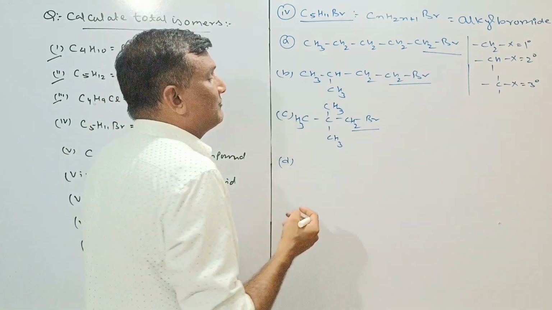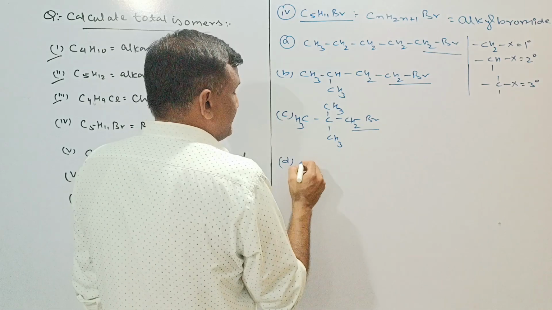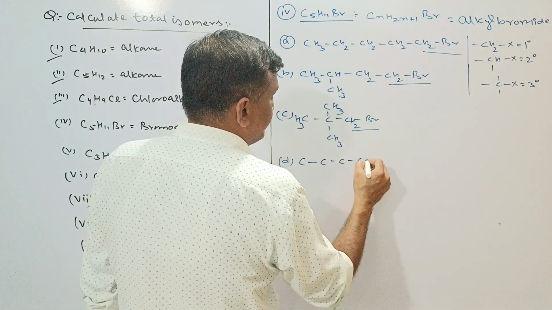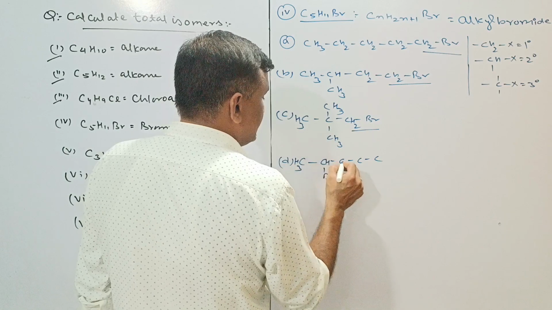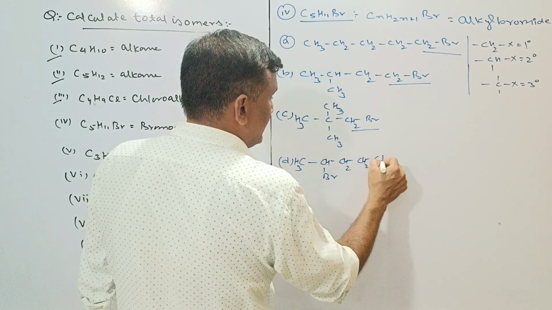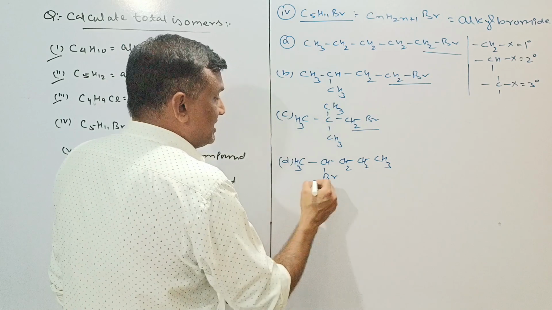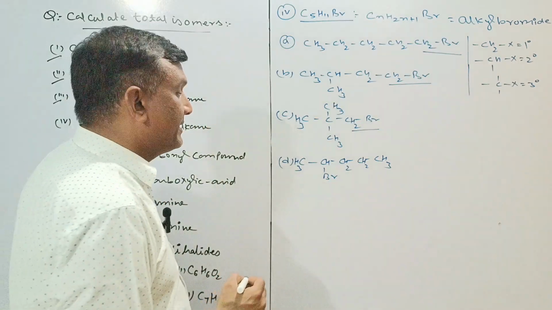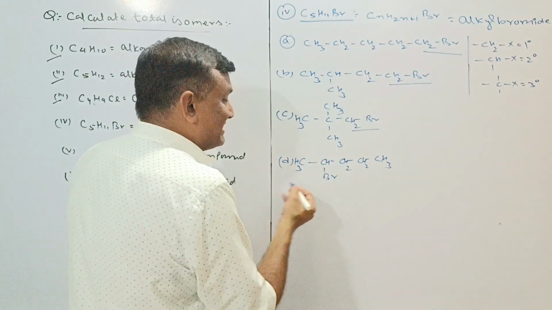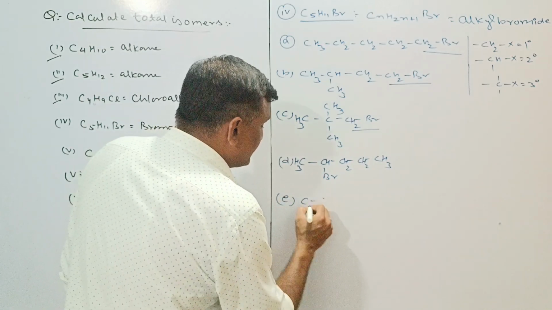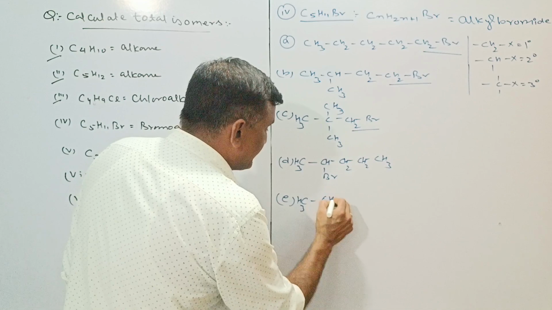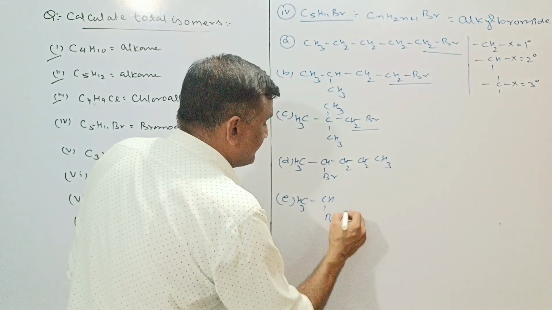Now the time to discuss the important one, that is your secondary alkyl. This is the Br, CH3, CH2 and CH3. This is the secondary pentyl bromide. E is your CH3, CH, this is Br.